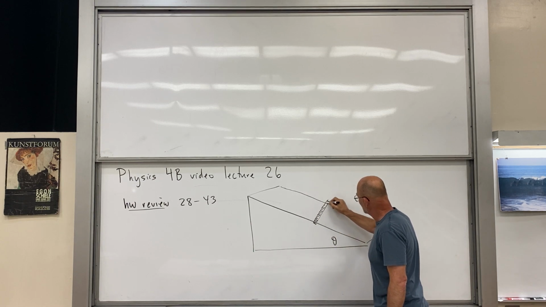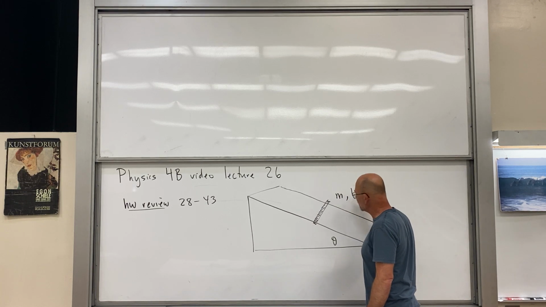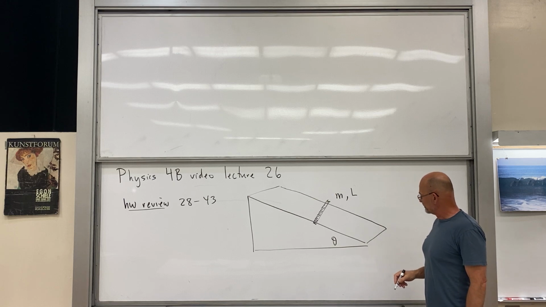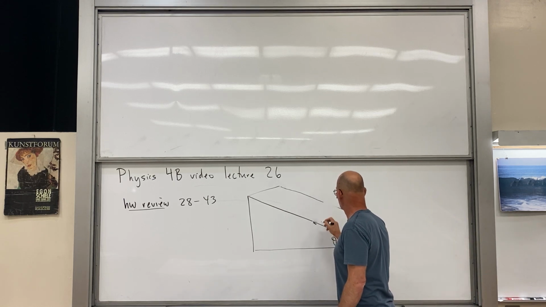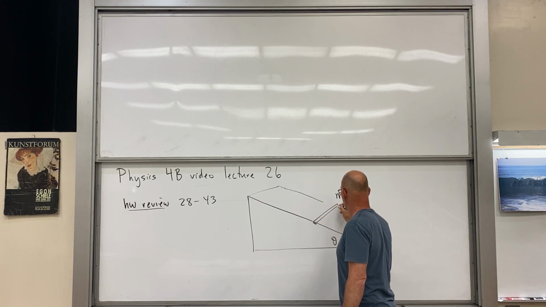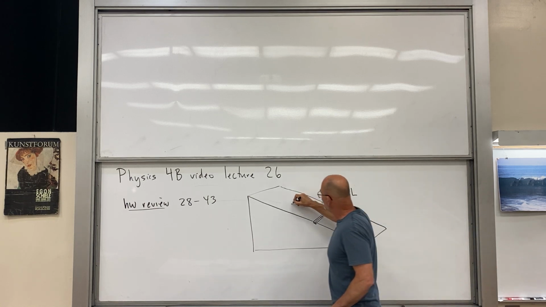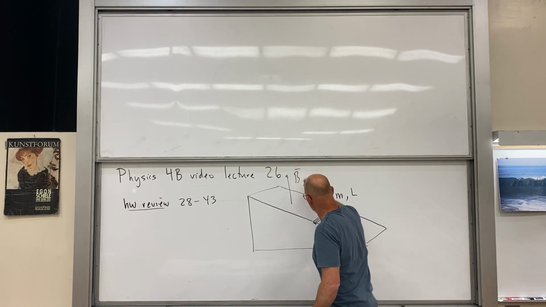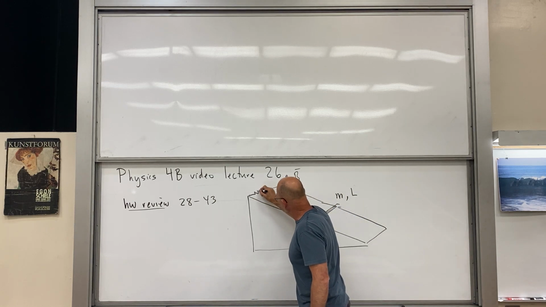This time there's a mass m of the bar and it has a length L. That perspective's not so good. Let's try this again. There we go. So this bar is sliding down the frictionless track and we've got the B field vertically here. We've got a resistor built in at the end.